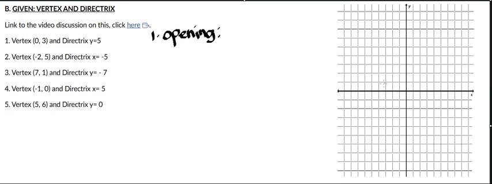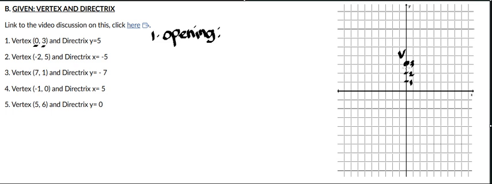Let's now plot our (0, 3). Since we've got a 0 on x with a 3 on y, we'll be plotting that on the y-axis where 3 is. So we've got 1, 2, and then 3. This is where our (0, 3) is, and that's our vertex.